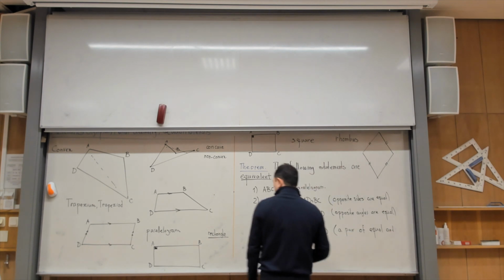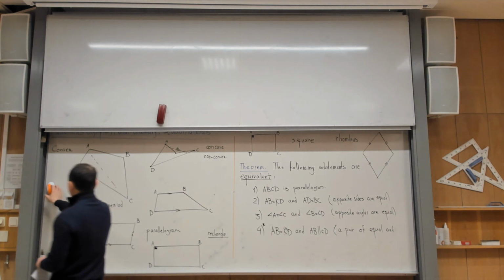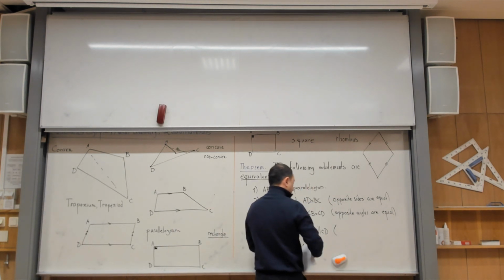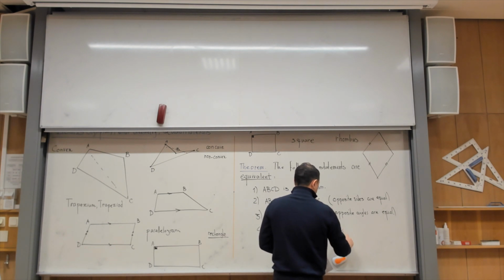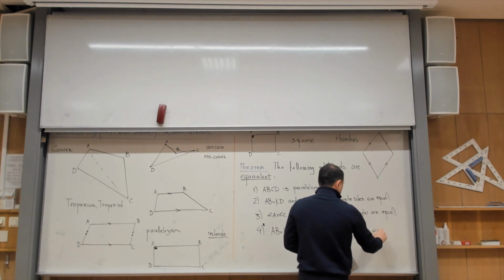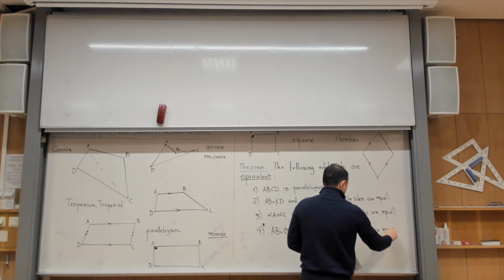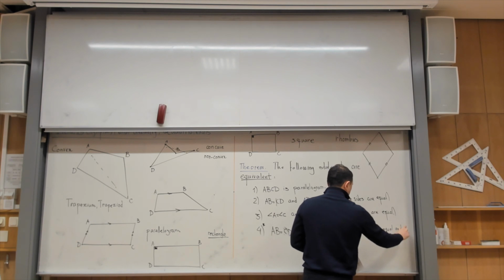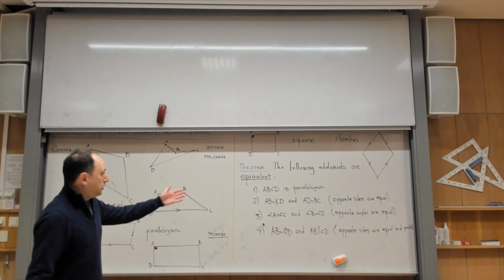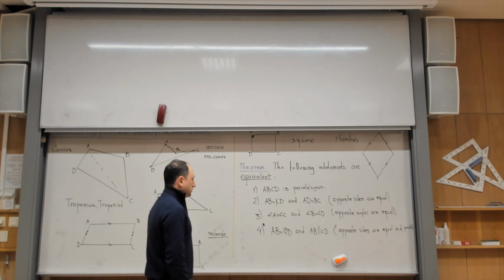So let me write it in this way. Opposite sides are equal and parallel. Yes. So any one of these is equivalent to the other one.